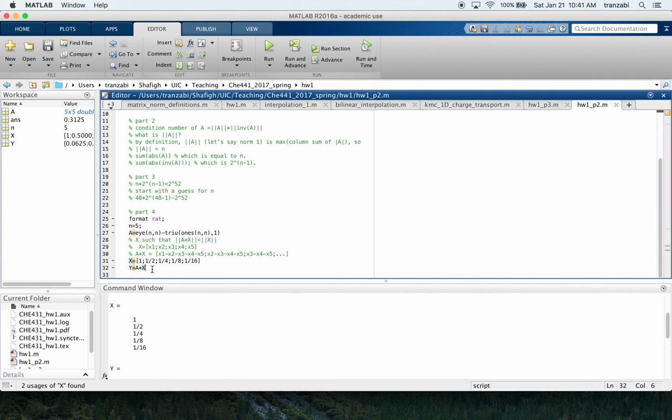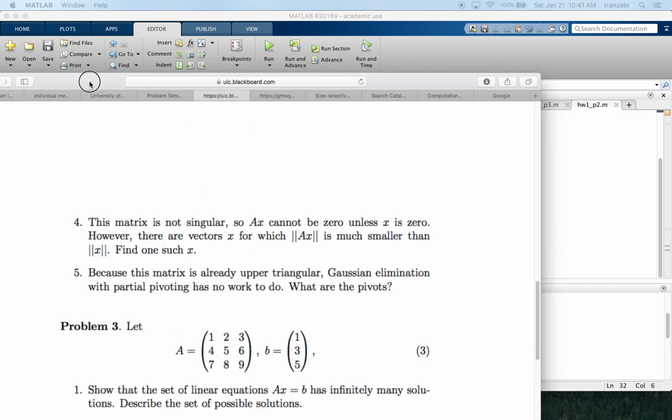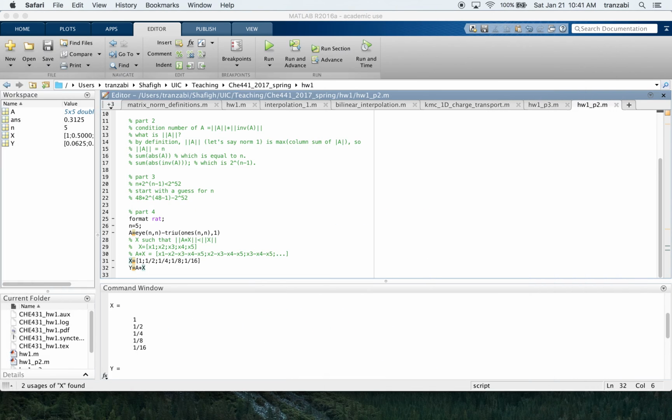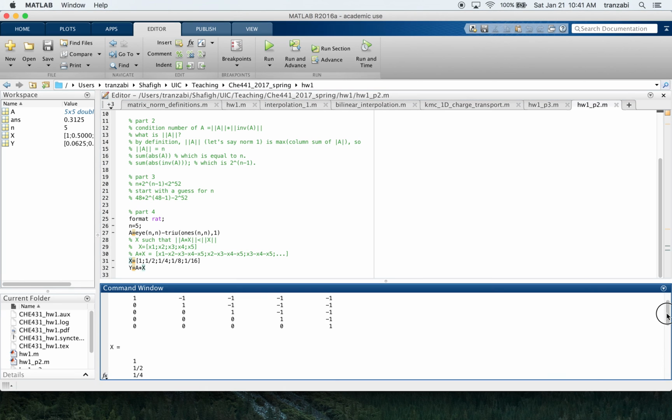Now, part 5 says that because the matrix is already upper triangular, Gaussian elimination with partial pivoting has no work to do. And this is correct because when you look at matrix A, it has all ones on the diagonal and 0 below the diagonal.